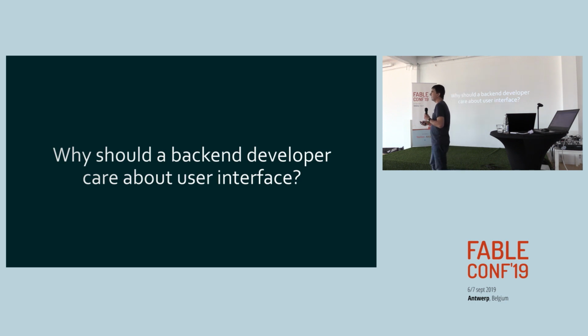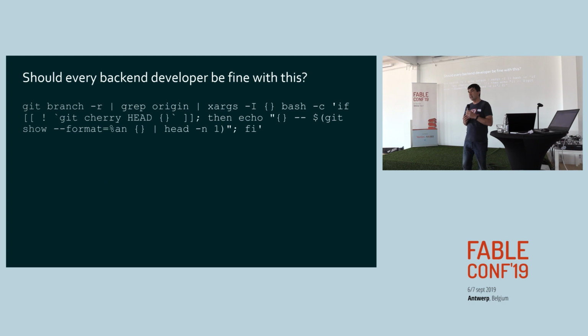Because we are kind of expecting to control our things using command line tools like this. By the way, who can guess what this command does? Any guesses? Come on, you backend developers. It shows all sorts of unmerged branches. It's quite logical.